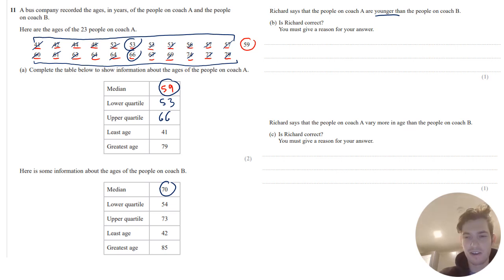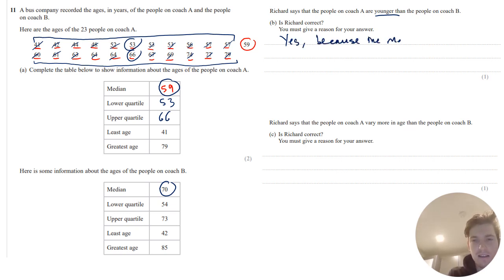So quite old people on this coach. So is he correct? Yes, he is, because the median for Coach A is smaller. So the people are younger. So smaller median, and I'll just give the data. 59 versus 70.